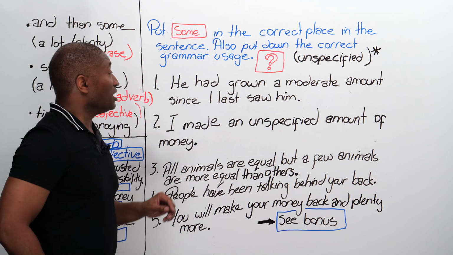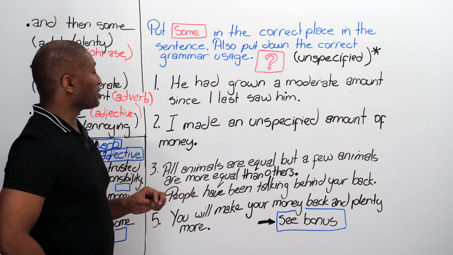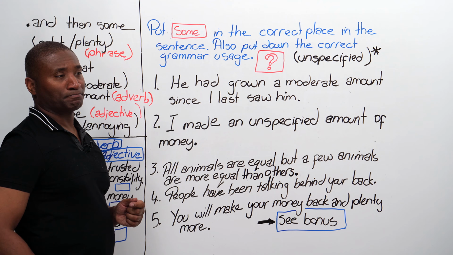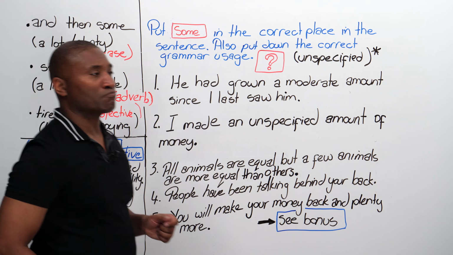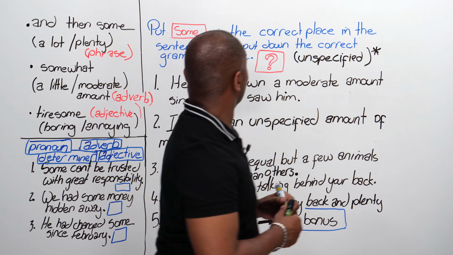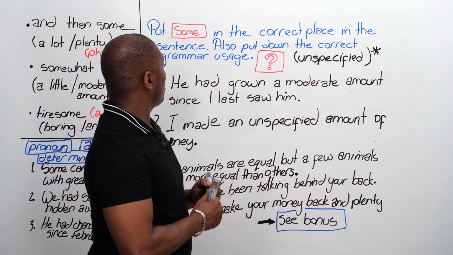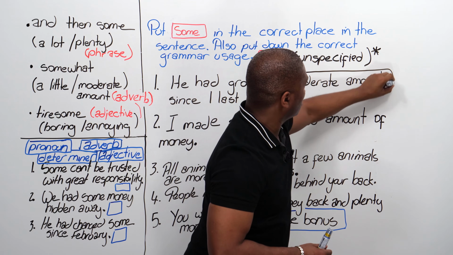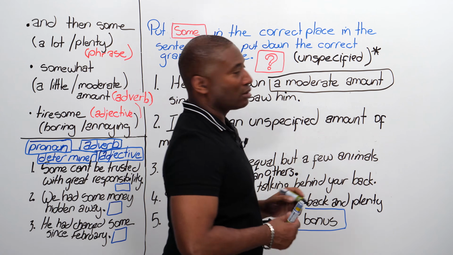Number 1, he had grown a moderate amount since I last saw him. What is that? Well, let's get an ear market. What part do we have to change? Well, he had grown, here, a moderate amount.